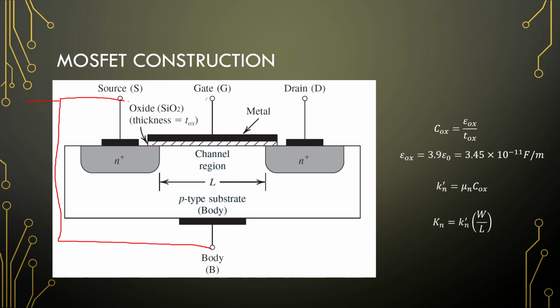Okay, so there is a bit of a thick oxide layer here and then metal on both sides, making this a very interesting kind of capacitor. So as the gate source voltage gets applied, this region here can start to conduct current from the drain through to the source.